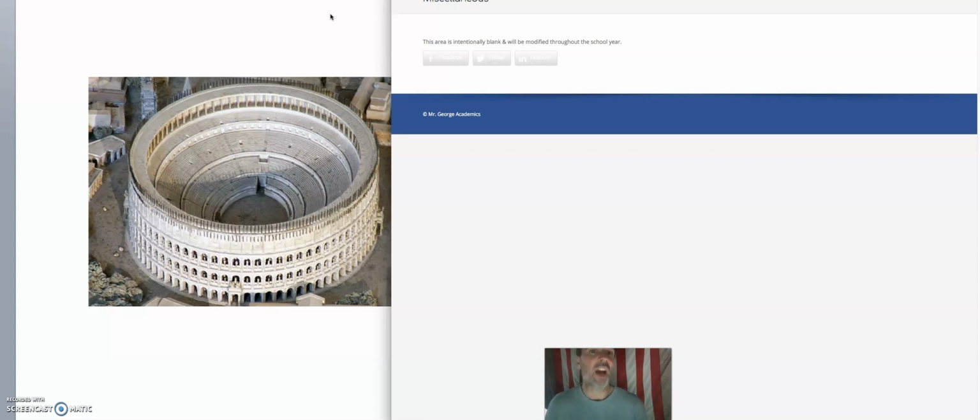We're looking at the architecture of the Colosseum as far as the size and scope, 14 floors, 50,000 people, etc. But an example of inferring is that you could say the Colosseum really demonstrated the power of the Roman Empire, or the power of the Roman emperor, an example of the strength of the Roman Empire.